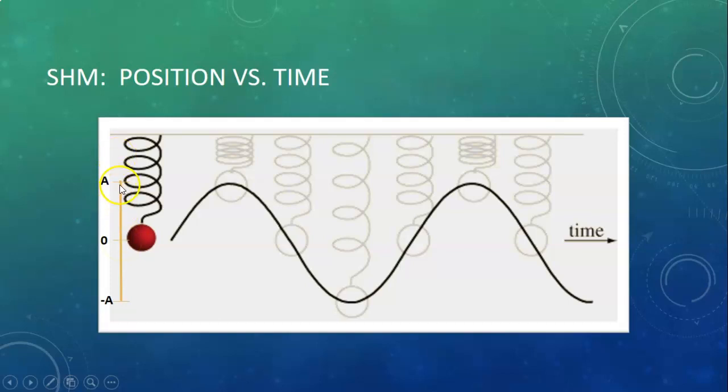So the mass vibrates through that whole distance in one complete cycle. What's interesting is that if you plot the position of the mass as a function of time, we end up with this sine wave, which gives you an idea of the connection between simple harmonic motion and waves.